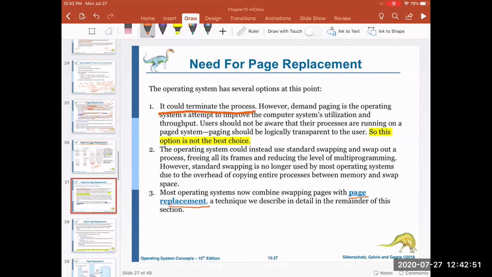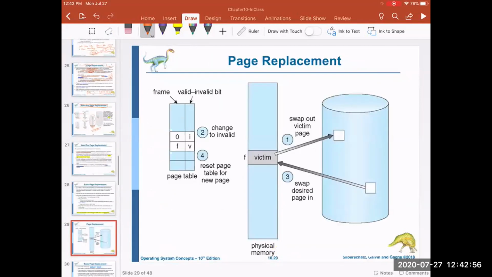So now let's talk about page replacement. Whenever a page replacement has to be done, we want to free one frame. So page replacement frees a frame for replacement. When we say free the frame, it means that we need to identify a victim.